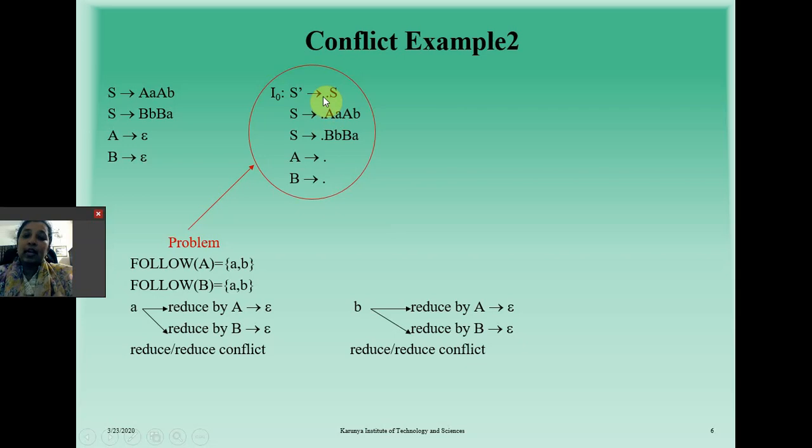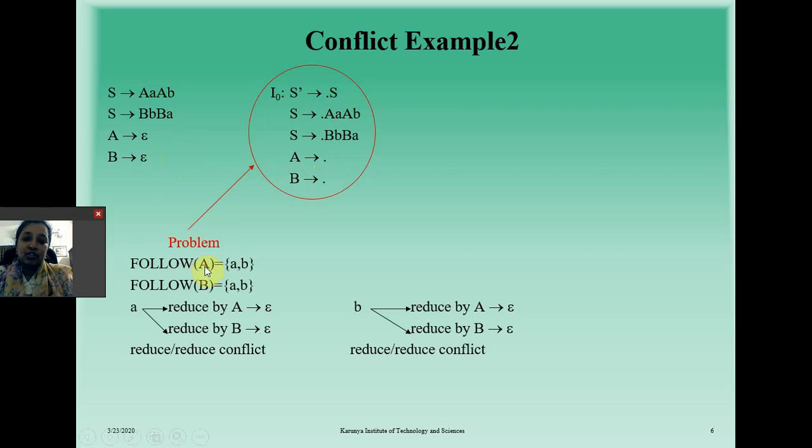Now take a look at the items from item set I0. The first item has a goto function on S. The second would have a goto function on A. The third would have a goto function on B. Talking about the other two items, A produces dot and B produces dot, we have to reduce based on the production A produces epsilon, and we also reduce based on the production B produces epsilon.